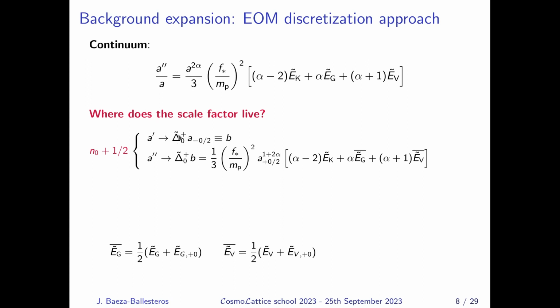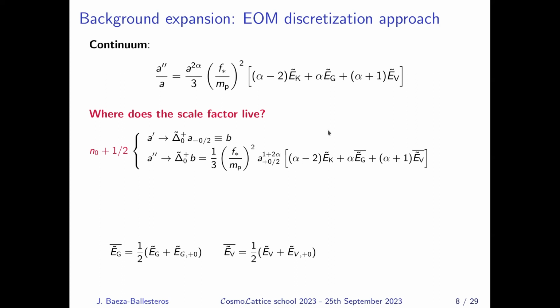So we will define it in this way. The forward derivative of the scale factor defined at semi-integer times will be living at integer times. And then the second derivative of the scale factor, which is just the derivative of this b variable that we have just introduced, will be living again at semi-integer times. This means that this equation here, we will rewrite it in this way.